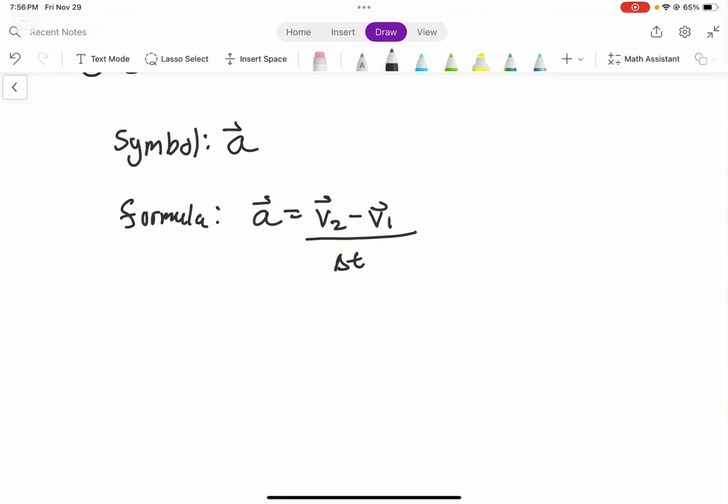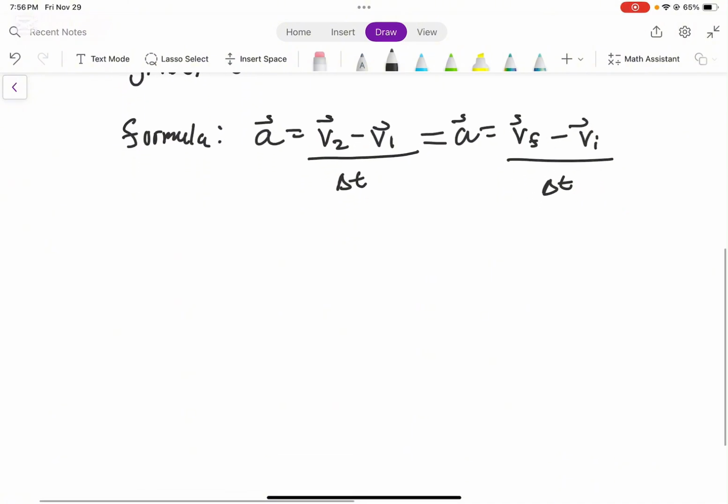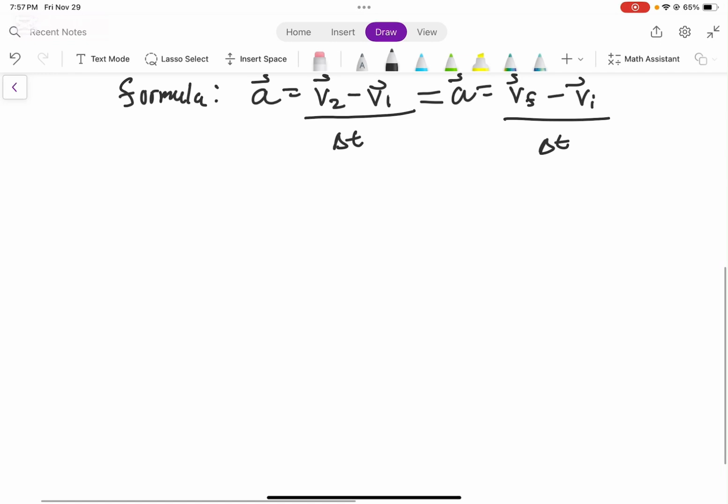Depending on how you may have seen it in the textbook, they might write it as vf, or v final, minus v initial, over delta t, but these mean the same thing. vf, vi, 1, 2, initial, it doesn't really matter. Make sure you put your vector signs on all your velocities and accelerations, because everything has direction.